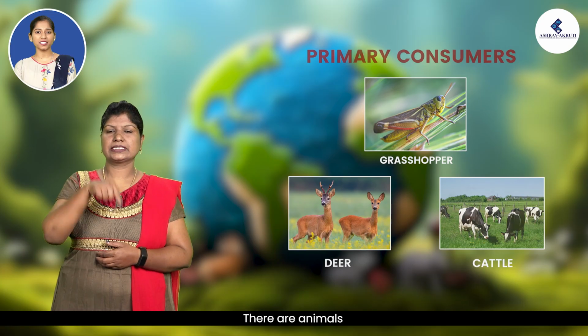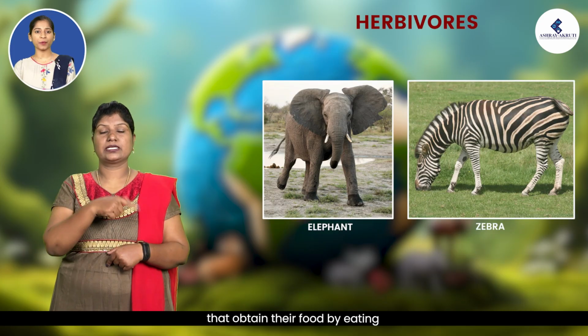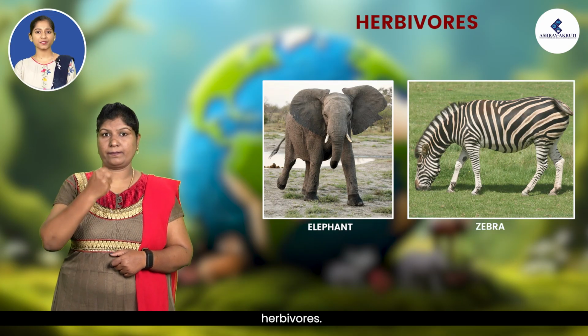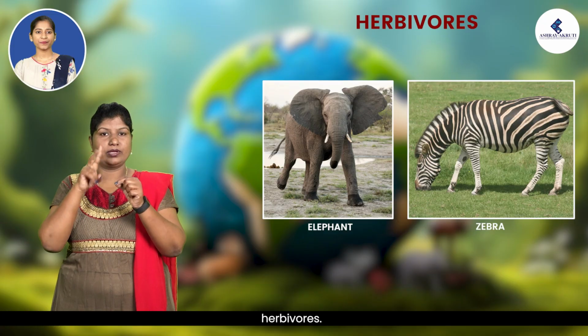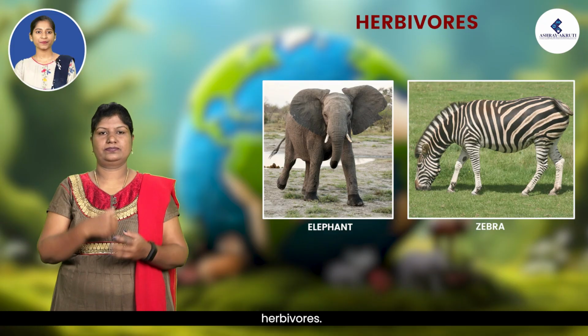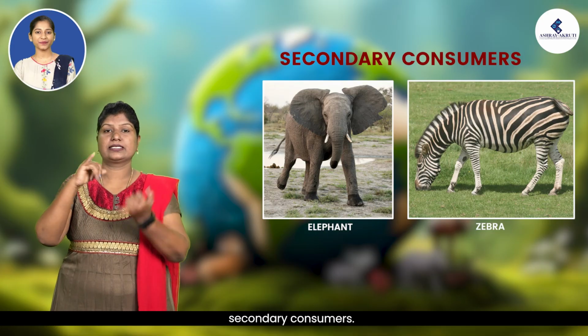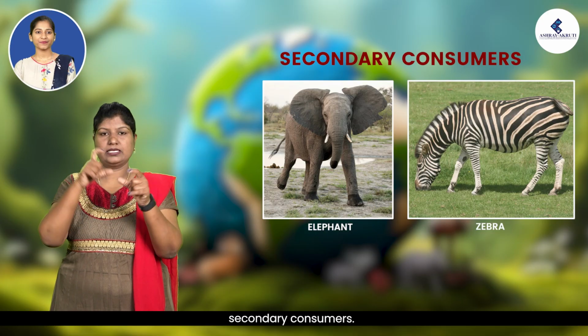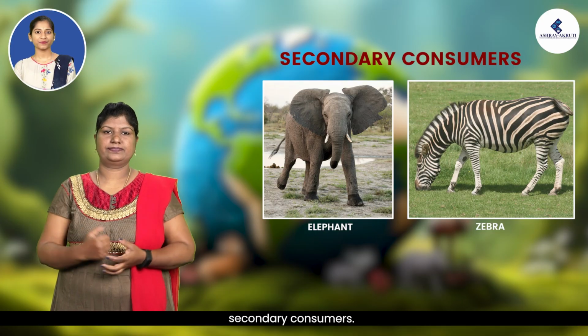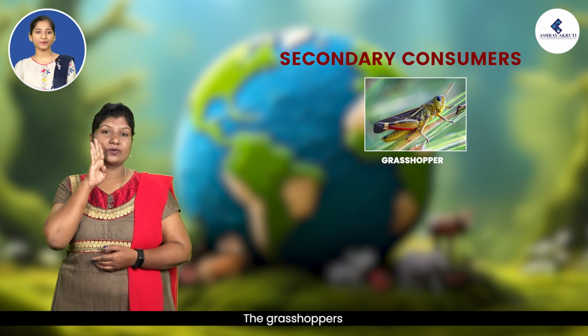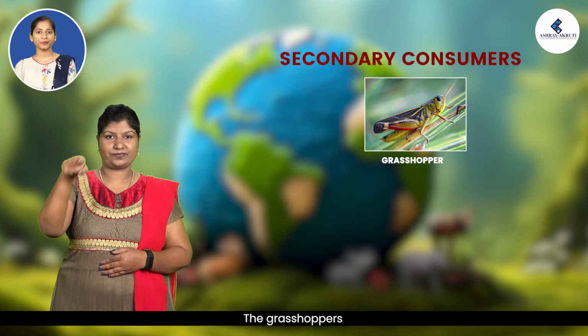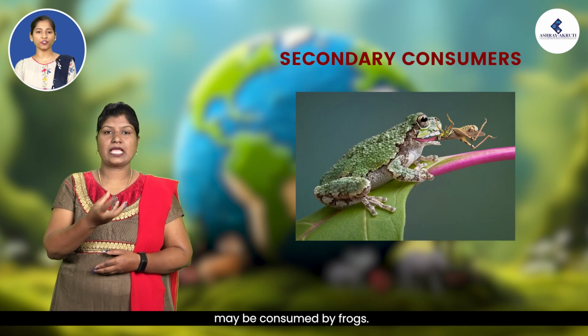There are animals that obtain their food by eating herbivores. They are described as secondary consumers. The grasshoppers may be consumed by frogs.